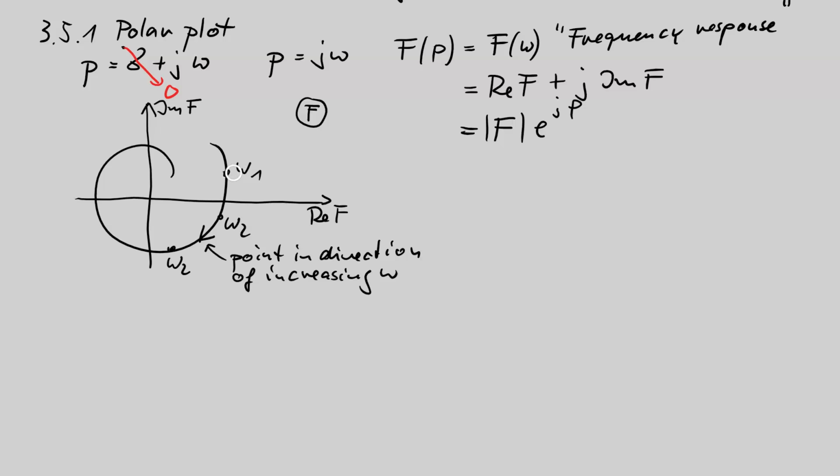So for one frequency we get one point of F, and this point has a real part and an imaginary part. Let's do an example.